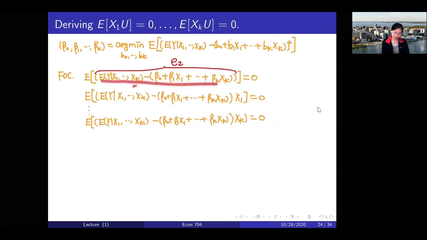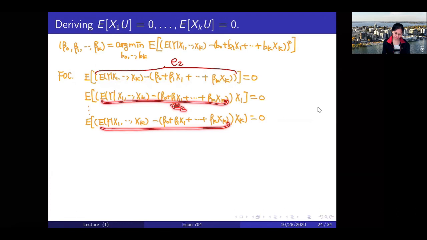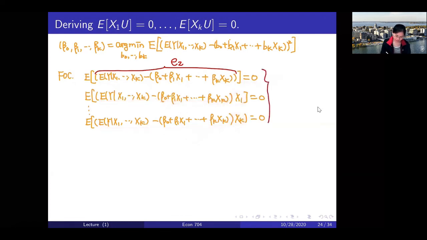So if you define that to be E2, then this is also E2, and that is also E2. So the first order conditions imply E2 satisfies the orthogonality condition. E2 has expectation 0. E2 has 0 correlation with any of the x variables. So we define that to be E2.